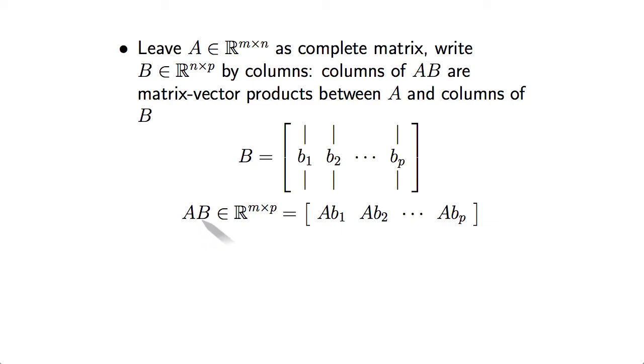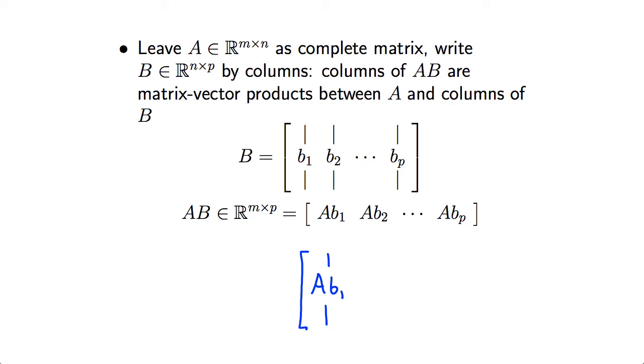In this case, A times B equals a matrix where the first column of this matrix is equal to the matrix vector product A times b1.